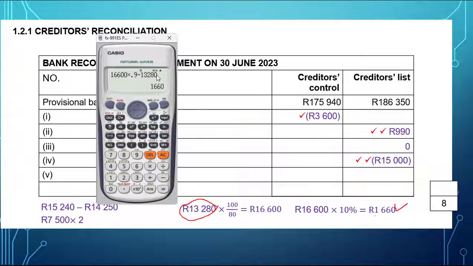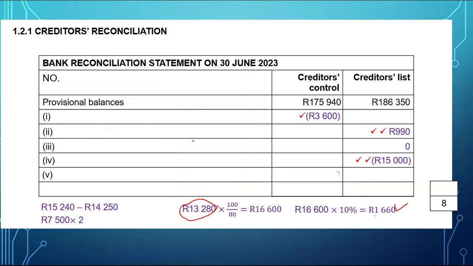So we say we are owing them this, but we actually owe them that 14,940. So we need to increase what we say we owe them by 1,660. So that is why under creditors control, we are going to add 1,660, and under creditors list, we are going to add 1,660. Then you can get your totals.